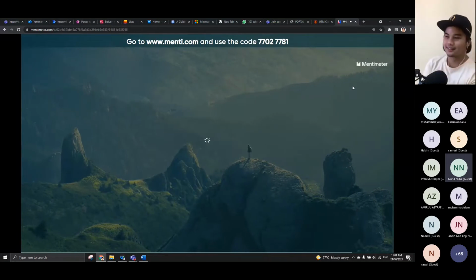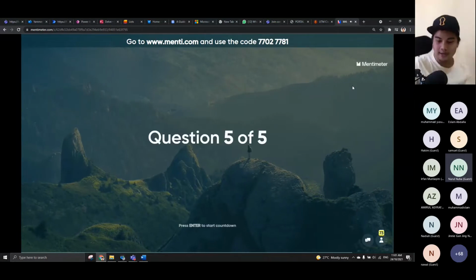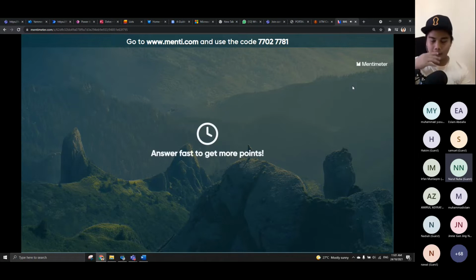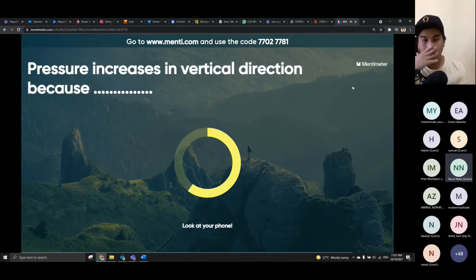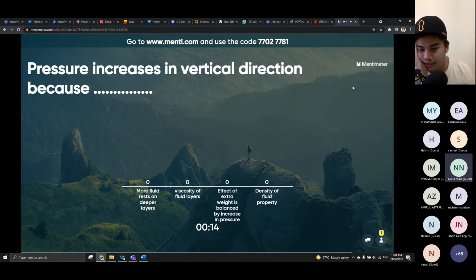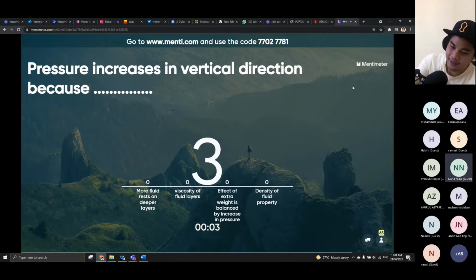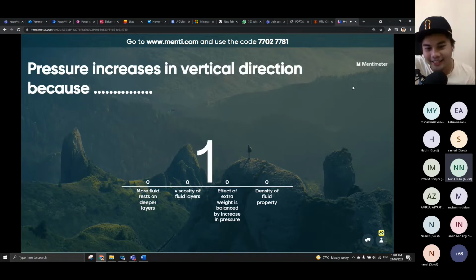Okay, the last question determines the winner. Pressure increases in the vertical direction because of what? Okay, finally, who will be the winner?